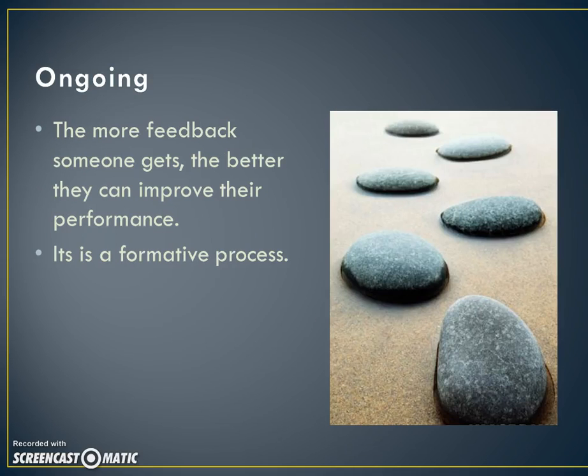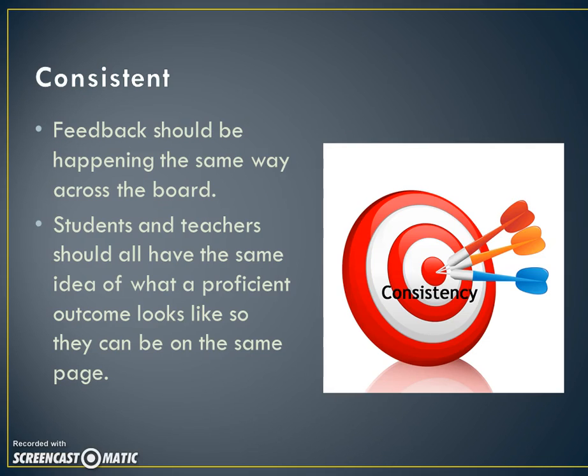Feedback should also be ongoing. The more feedback someone gets, the more they can improve their performance in that task or towards that ultimate goal. So it should be thought of as a formative process with an ultimate goal being potentially a summative piece. And to stick with that, it should also be consistent. Everyone should be on the same page in terms of understanding how feedback is happening and what is expected.